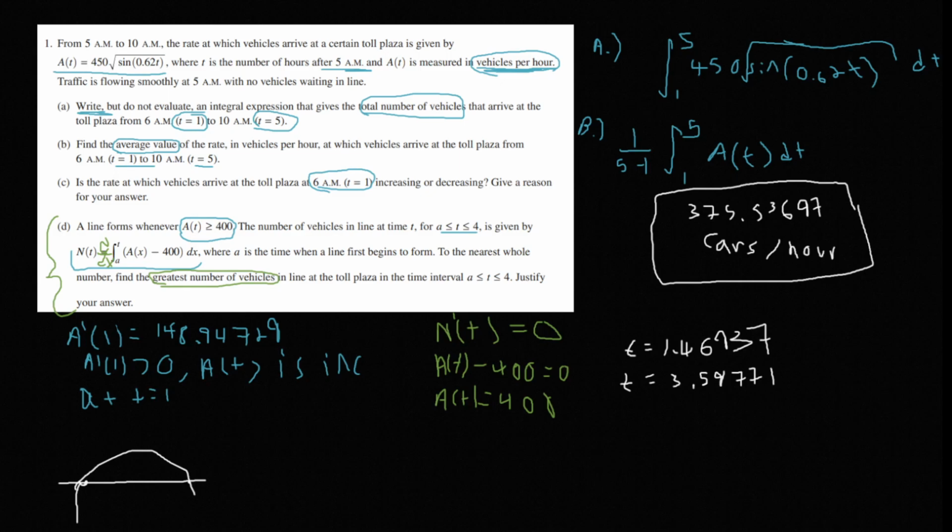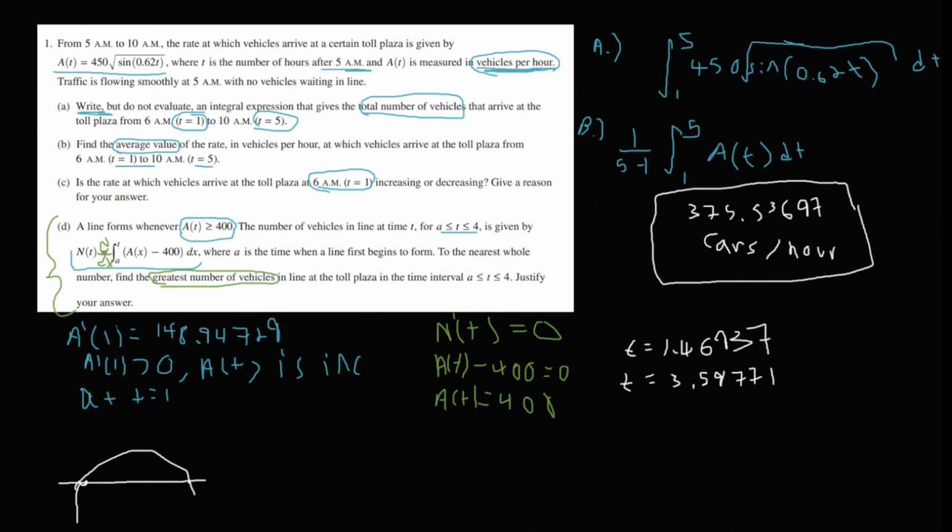So we need to basically see at these points, at the 400 point, and then figure out the greatest number of vehicles. So it's either going to be at these critical points, or at the endpoints.